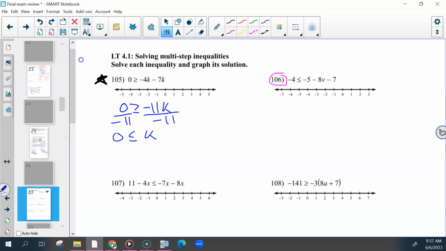You either have to read it backwards, starting with k, pointing away from, so that's greater than 0, or rearrange it. Make sure whatever direction is pointing to or away from the k is doing the same thing. This would be closed because of the equal to. At 0, going to the right. Questions on that one?